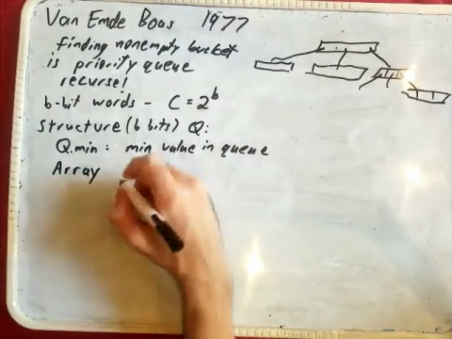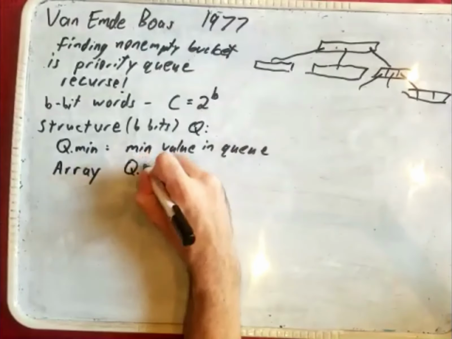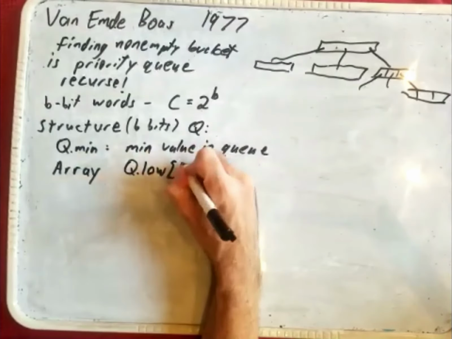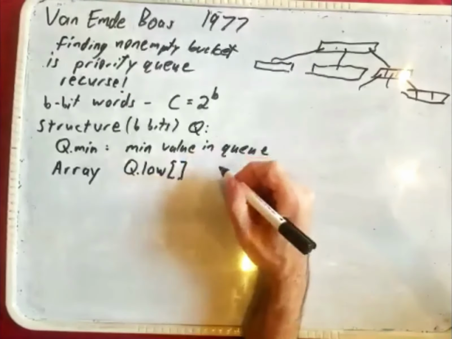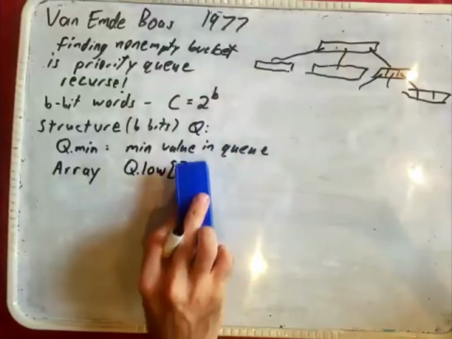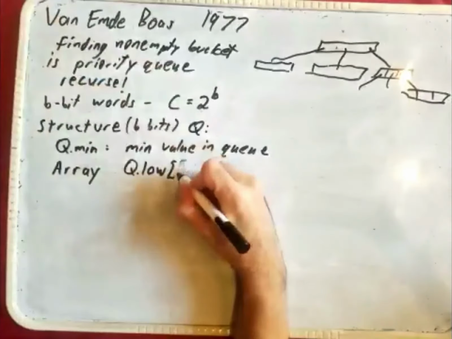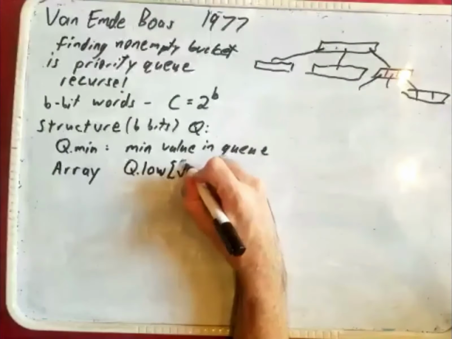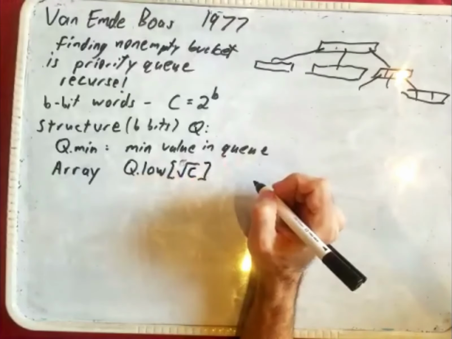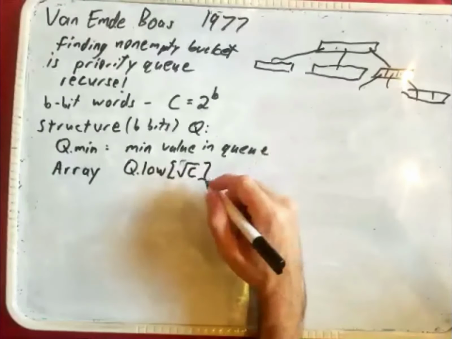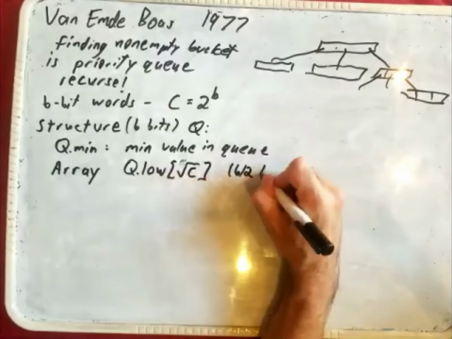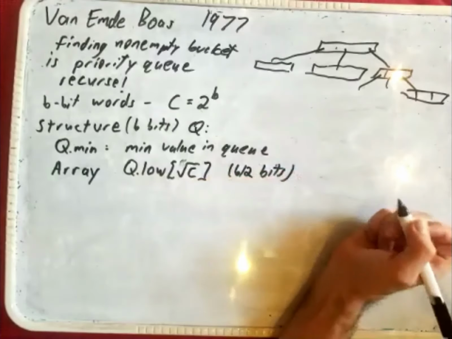It also includes an array, which I will call q.low. Sorry, let me improve my notation. This array is going to be of size square root of C. The reason for that is, if you think about it, each of these indexes has B over 2 bits.